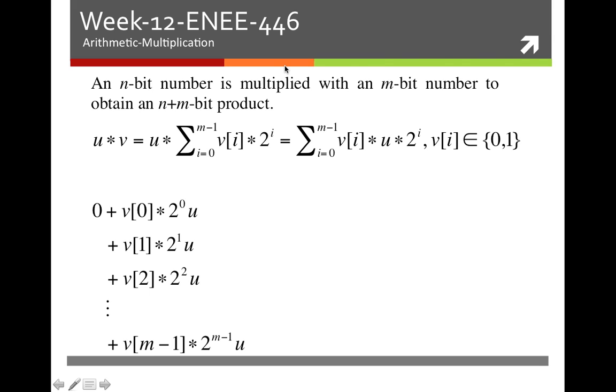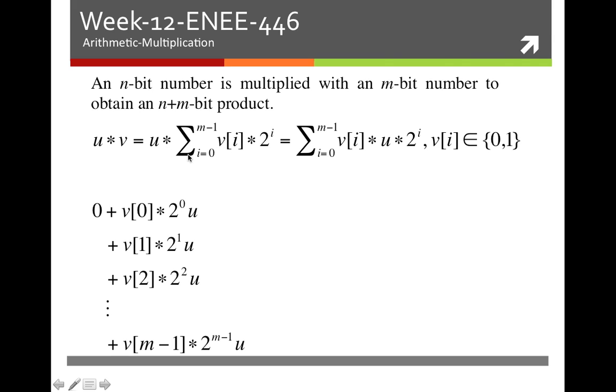And when we talk about multiplying two numbers like u and v, we take the binary representation of the multiplier, which the right-hand side is, and multiply it with the operand on the left, which we can also consider in a summation form.